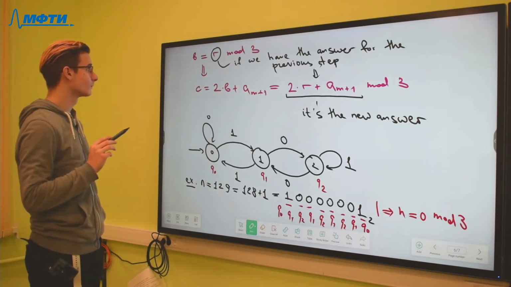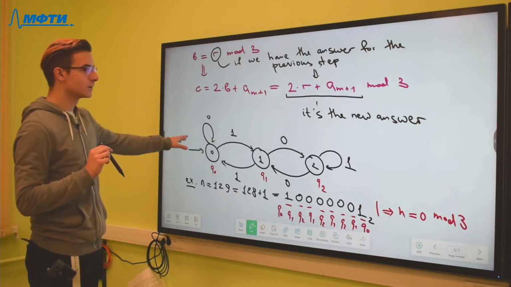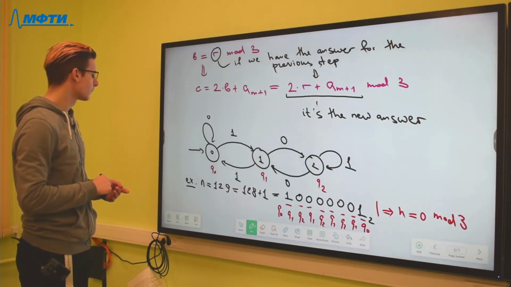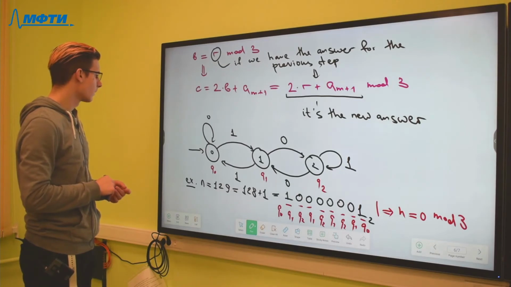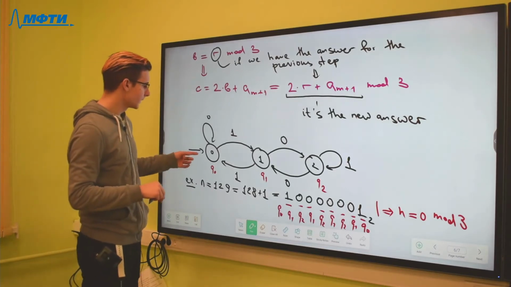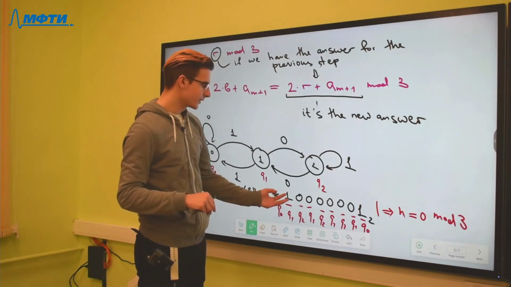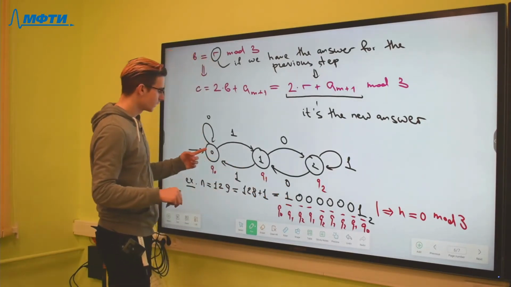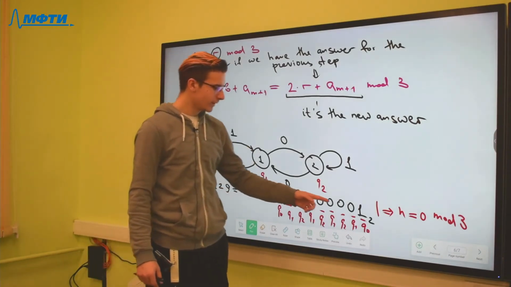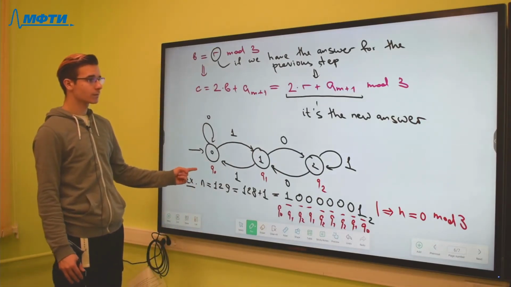So we can implement this DFA in the realization, and then read one character and change our state, and the final state is equal to the answer of our question.